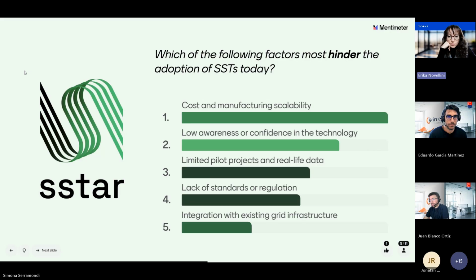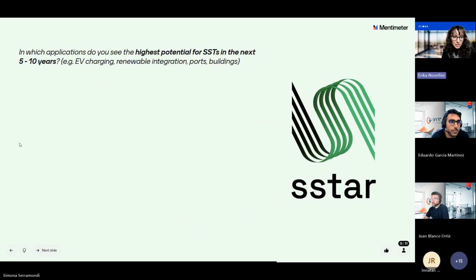Thank you for the comments. It's helpful for us to understand also the external point of view about the barriers to solid-state transformer adoption. Okay, we can move to the next question, I think.